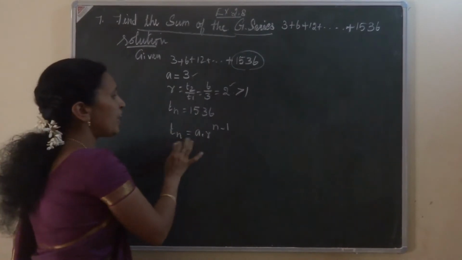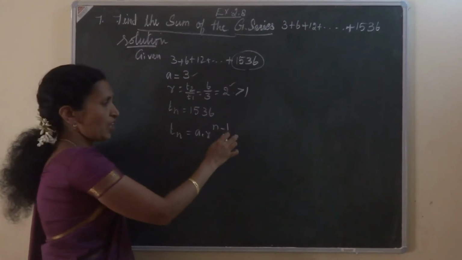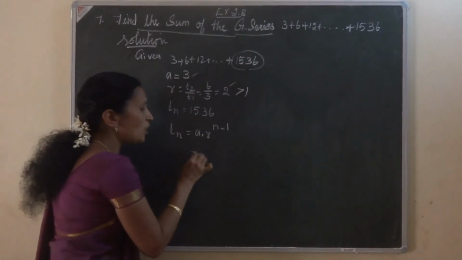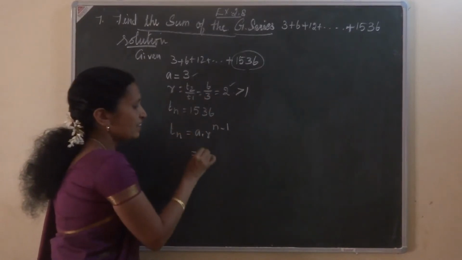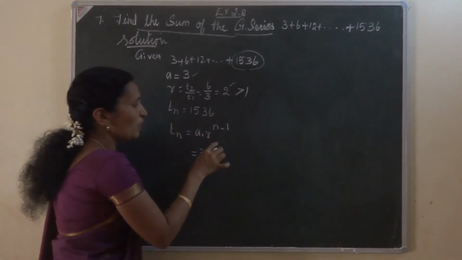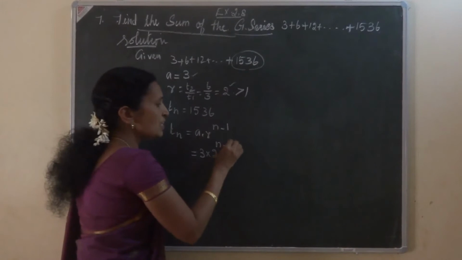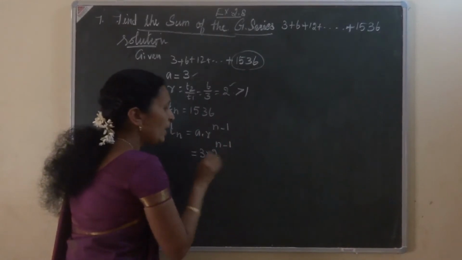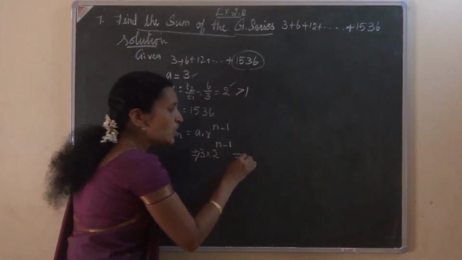Now Tn equal to A into R power n minus 1. So apply all the values here. The value of A is 3, 3 into, the value of R is 2, 2 power n minus 1, which equals Tn.